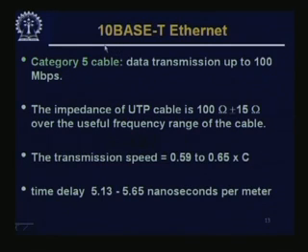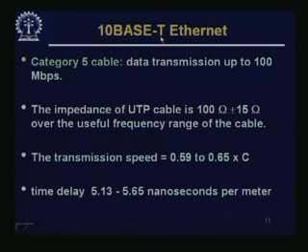Now, we come to 10 base T, and so far as the physical part is concerned, this 10 base T can go on to become 100 base T, that means from 10 megabits per second we can go to 100 megabits per second.